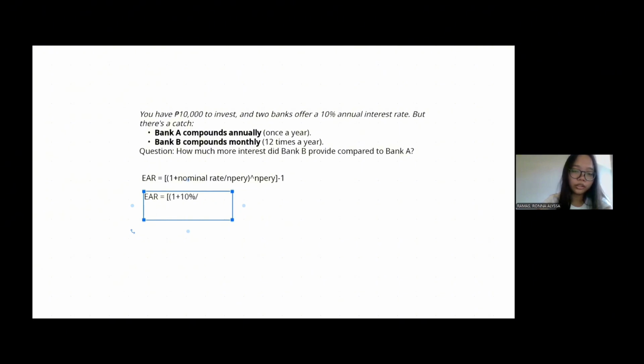Effective annual interest rate is equal to 0.1047 or simply 10.47%. This just means na Bank B gives 0.47% more than Bank A per year.